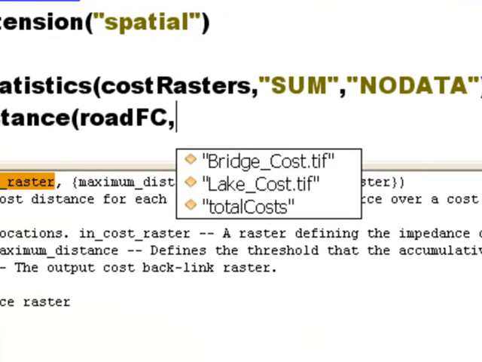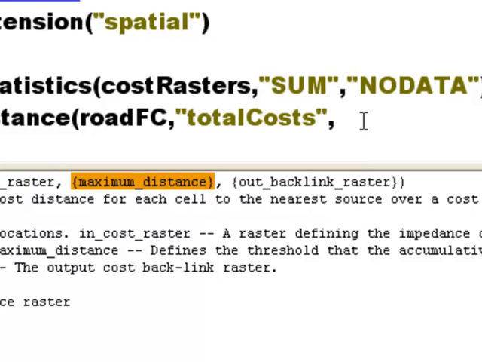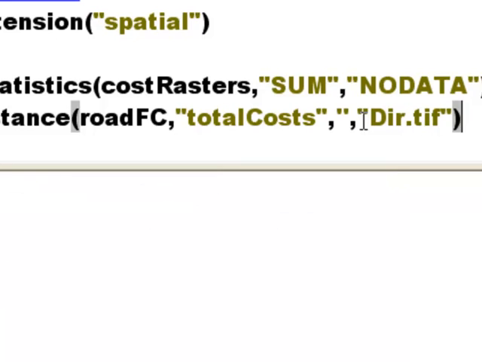And then an input cost raster. So that's our total costs. And then the maximum distance, which I'll just take the default. So I'll just put in a quote, quote. And then the last parameter is an output direction raster. So I'll just call this dir.tiff.